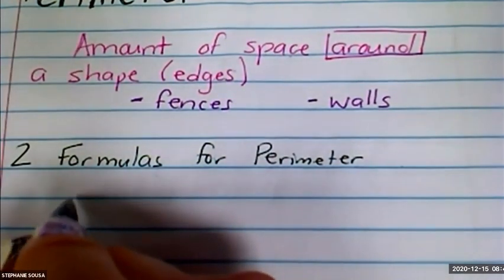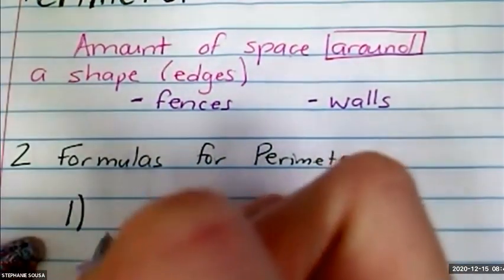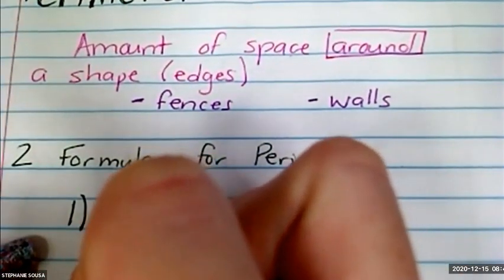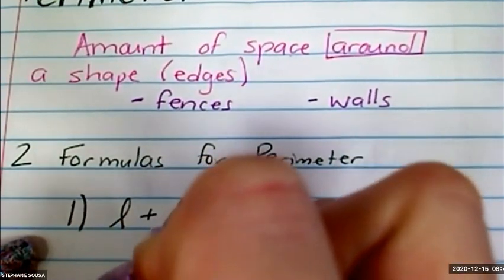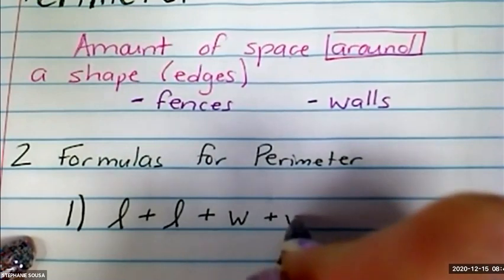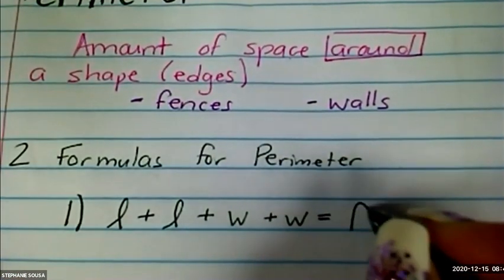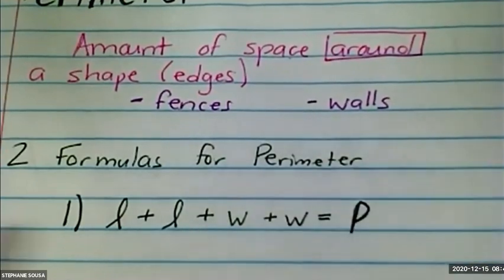The first formula is all addition. Length plus length plus width plus width equals the perimeter. And we often use a capital P to represent perimeter. So in area, we multiply length times width.